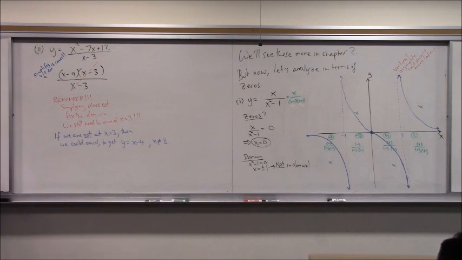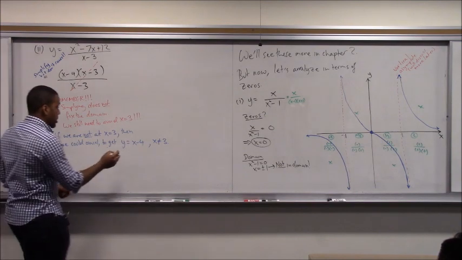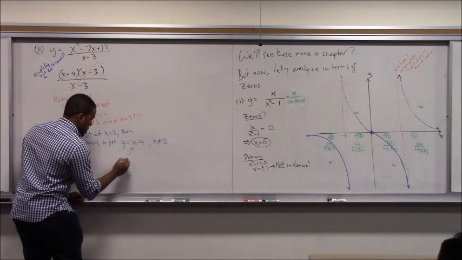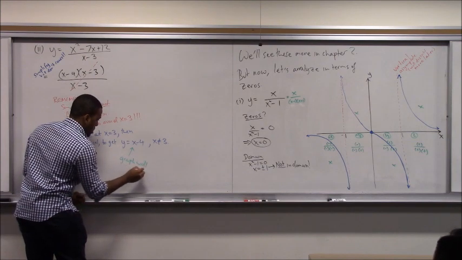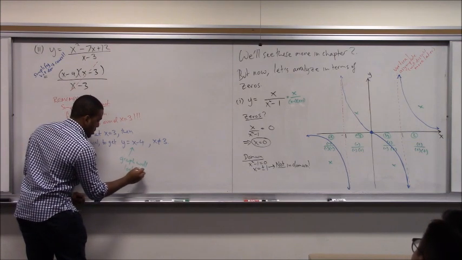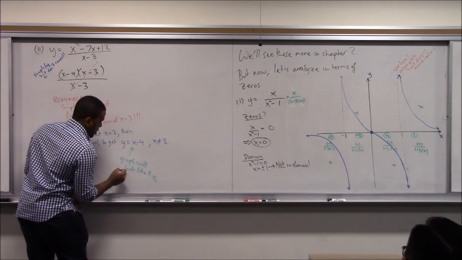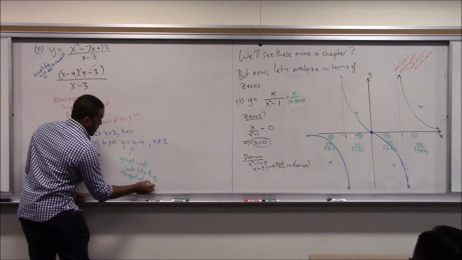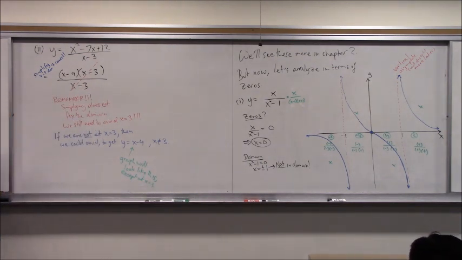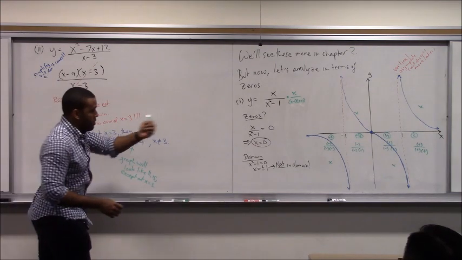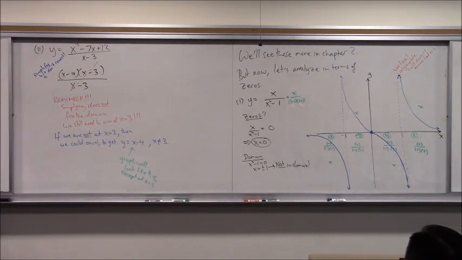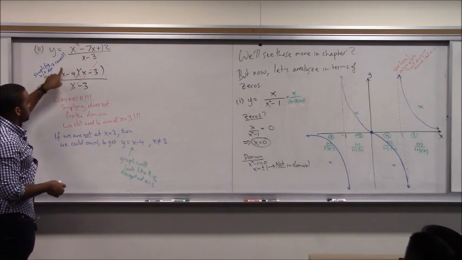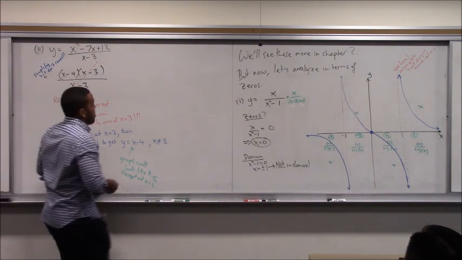And so essentially, our graph is going to look like this guy, except that x equals 3. So it turns out this one is actually not half as bad to graph as that one. It will essentially look like the x minus 4 part, except you still can't plug in 3.